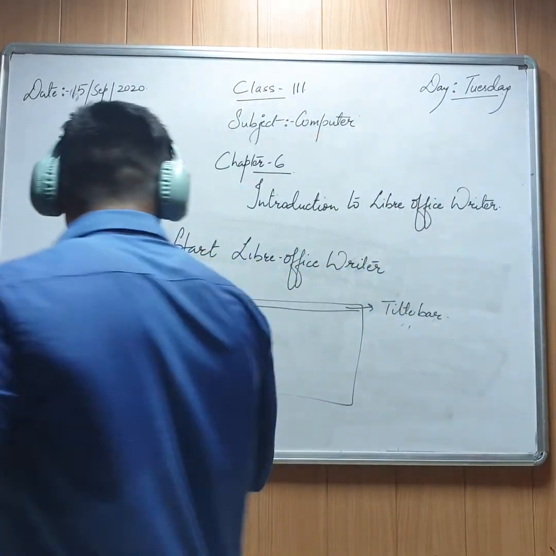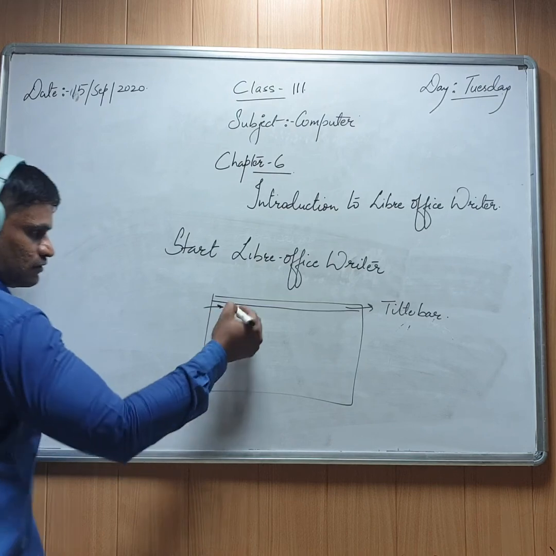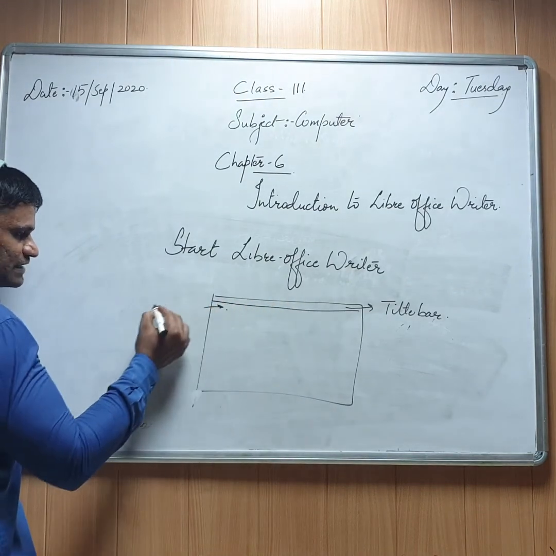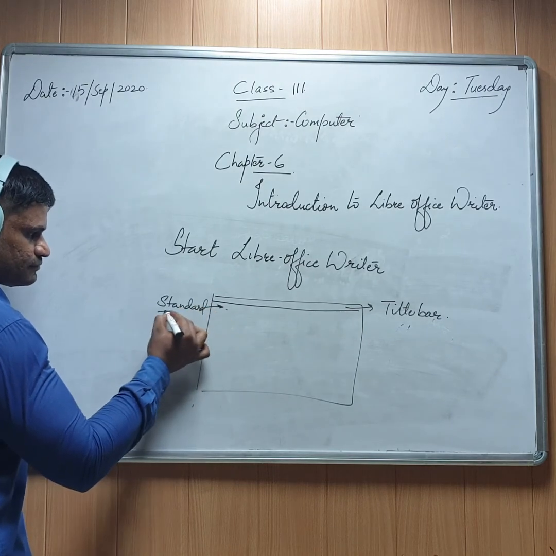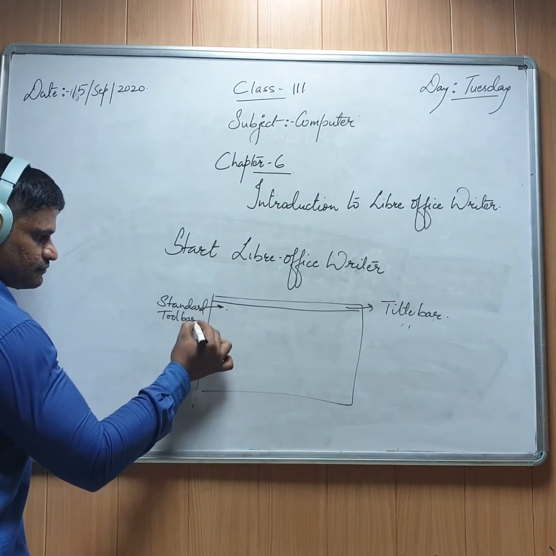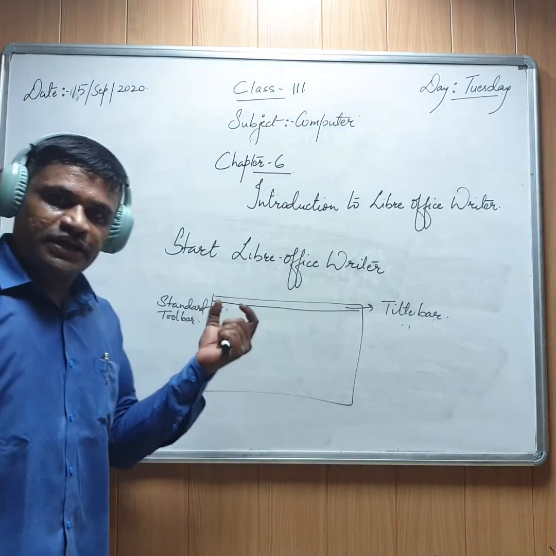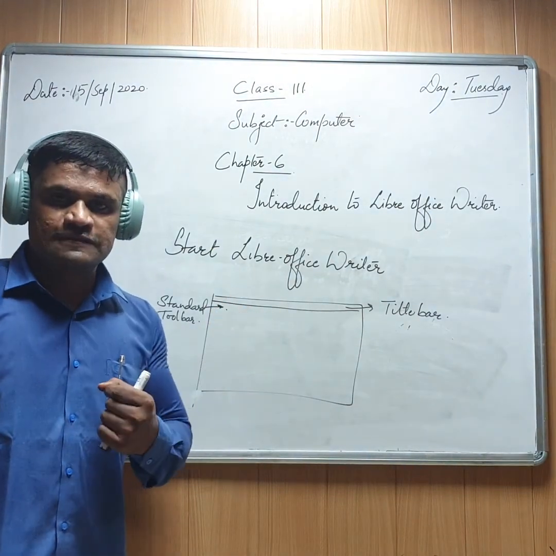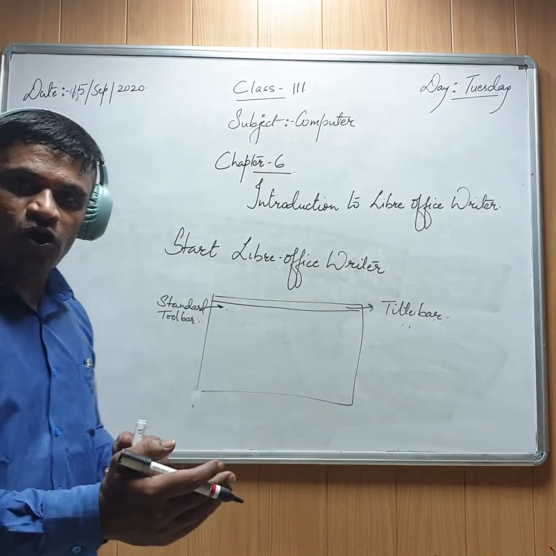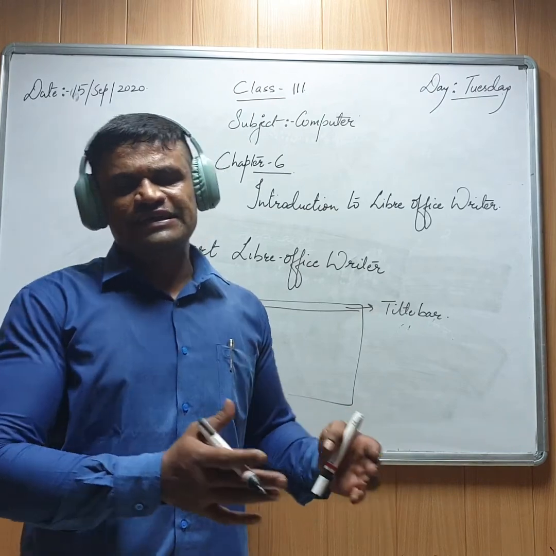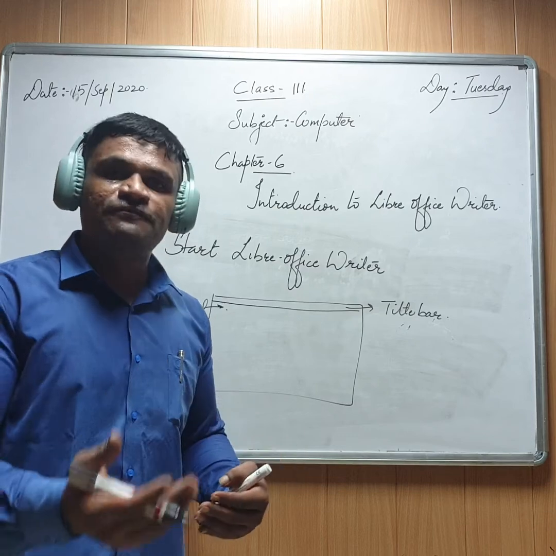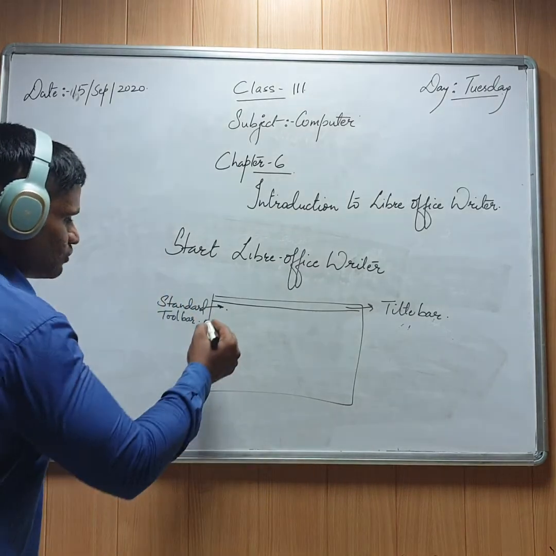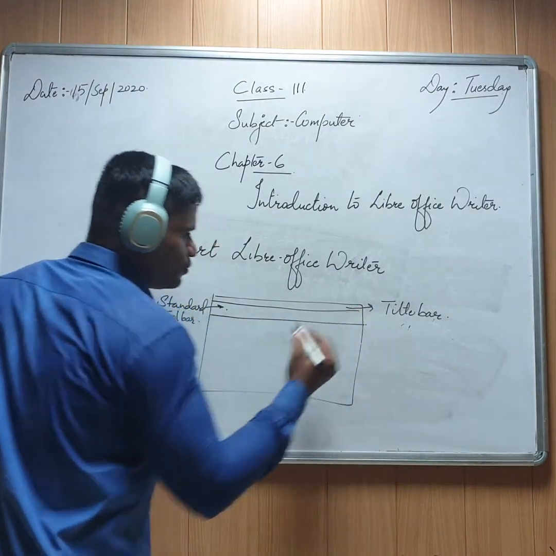Then you will have another menu or toolbar section, which will be your standard toolbar, which contains the different required tools like changing the font size, changing font color, applying tables, changing its view. So these tools will be available on your standard toolbar.